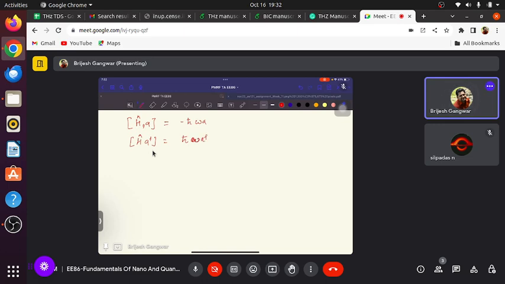Okay, so can you derive this one? So from this relation you can find all the energy states in a very simple way.